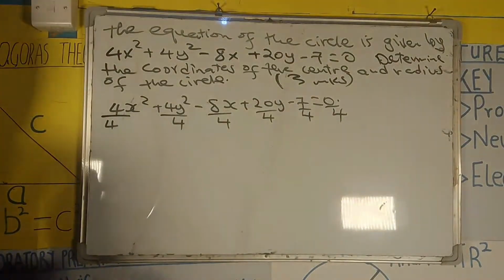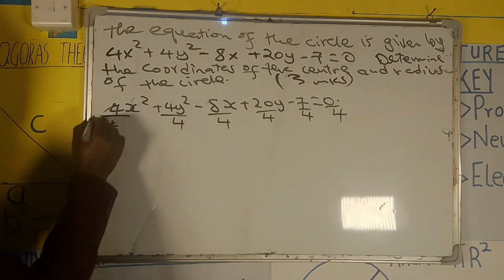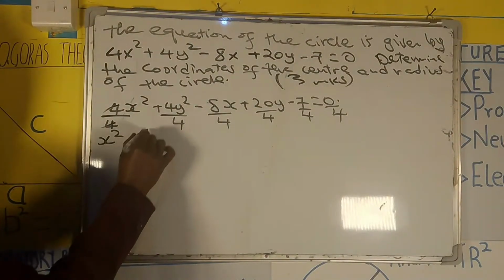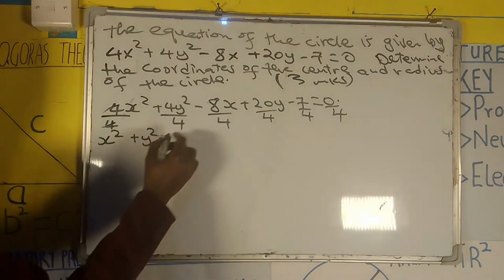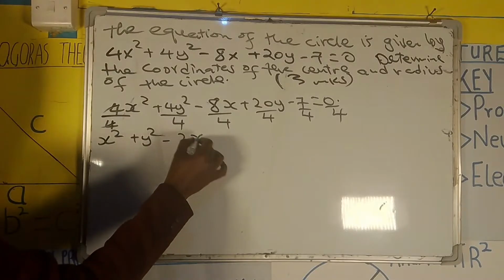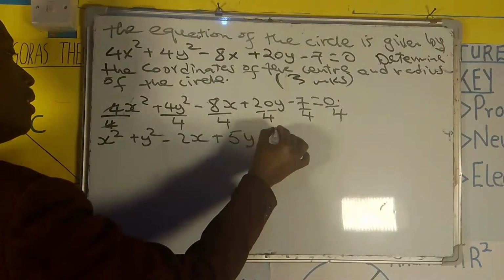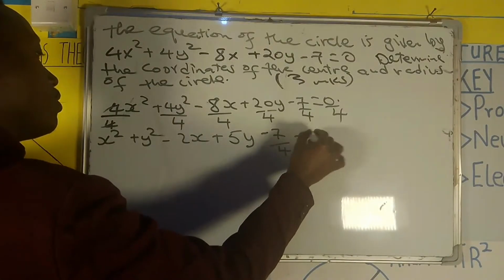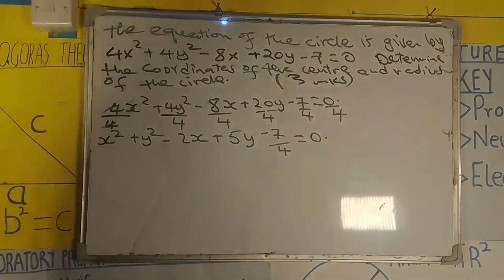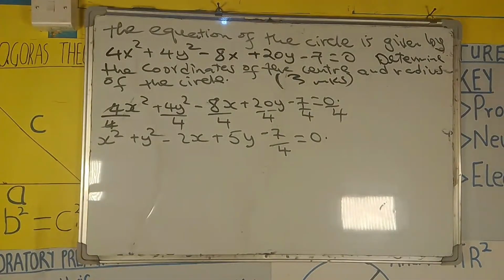Tukidivide kila kitu by 4, itabaki x squared plus y squared. 8 divided by 4 is 2, so itabaki minus 2x plus 20 divided by 4 itakuwa 5y minus 7 over 4 is equal to 0. Itakuwa hivyo. Kila mtu atapata hivyo.